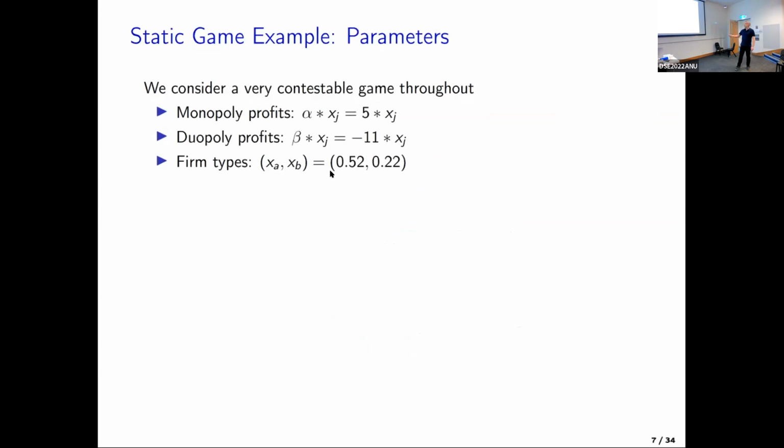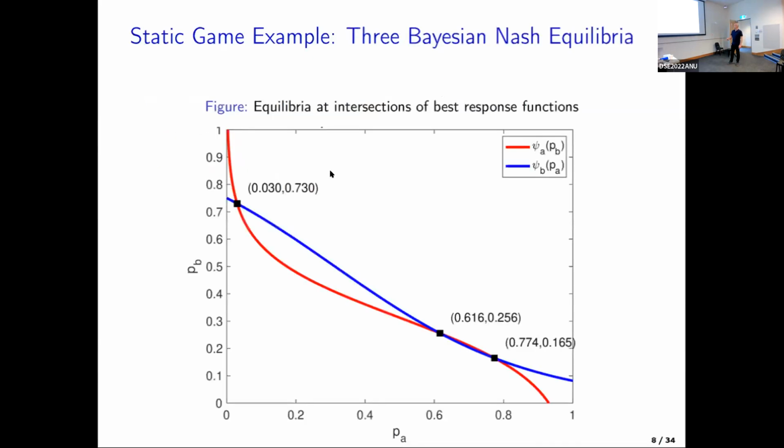And if you're serving the market together with your opponent, you're going to get minus 11, which is beta equal to minus 11, times this observed x. Then there are going to be 2 observed x's. We're just going to take them to be a bit different to see some different choice probabilities of the two firms. We're not going to try to estimate that.